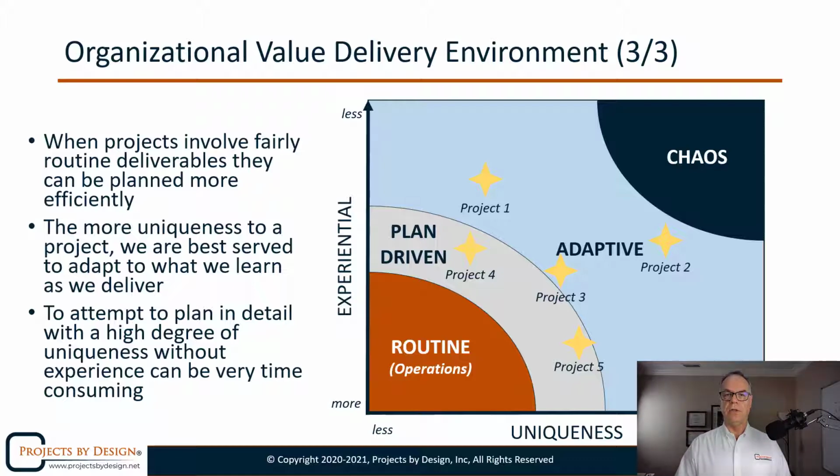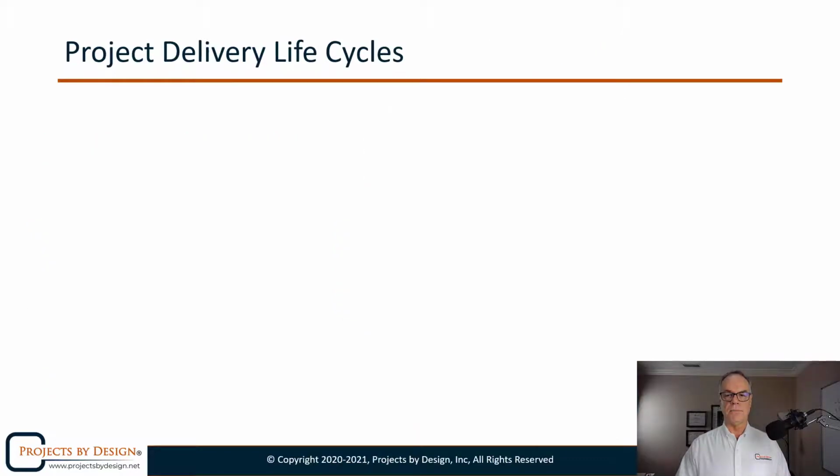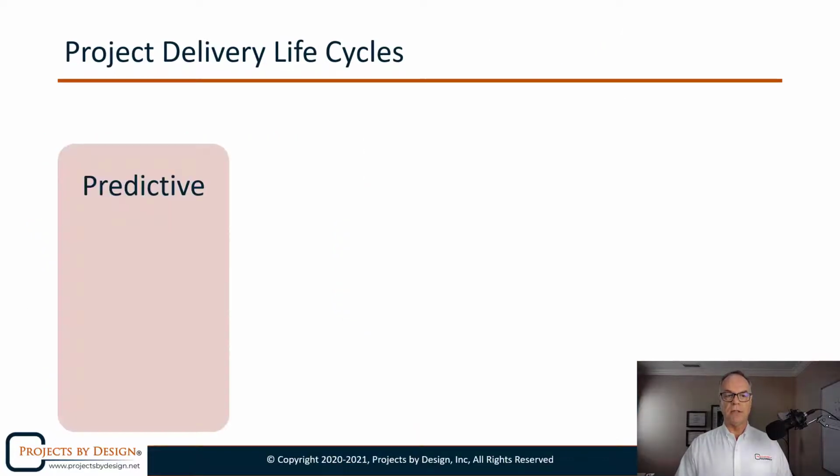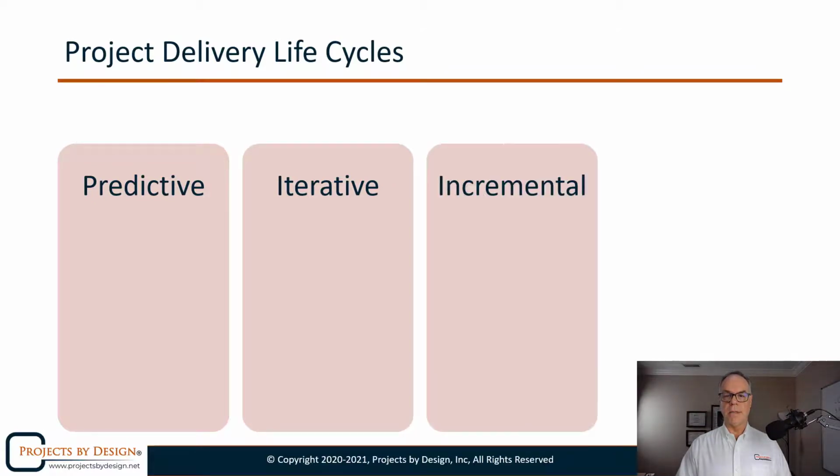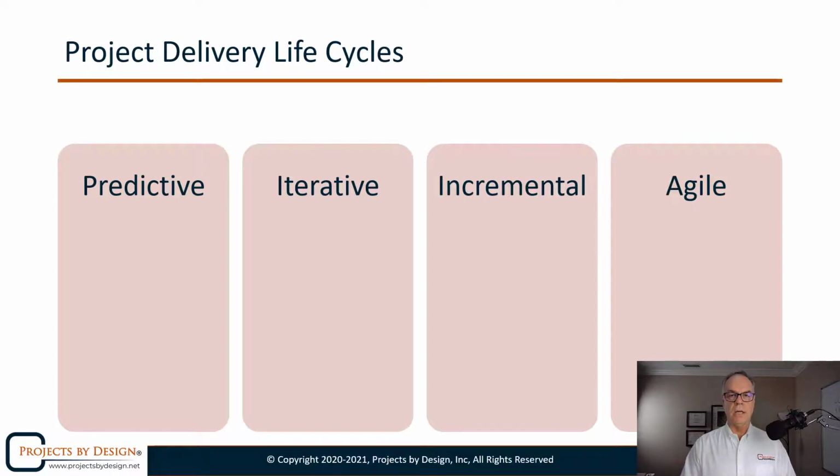This leads us to essentially 4 different project delivery life cycles. The 4 life cycles are predictive, iterative, incremental, and agile, which is the primary focus of the introduction to this video. But before we can truly understand agile, let's take a look at predictive, iterative, and incremental.